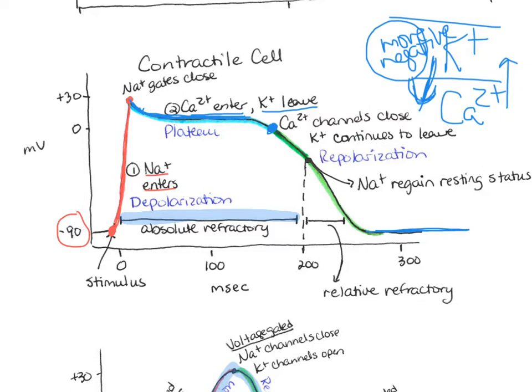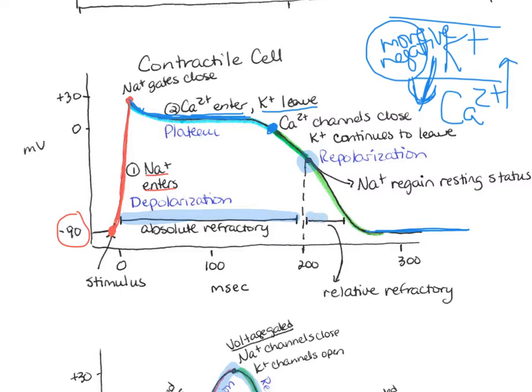Remember, we said that the only way that you could have another action potential occurring is if it were in the relative refractory period or when it was at rest. When we're talking about neurons, right? So what we have is that when the sodium channels regain their normal resting status, that's the only time that another action potential can really occur.